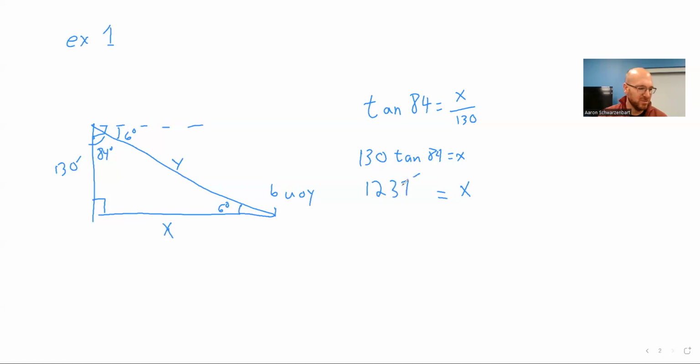I'm going to round to the nearest whole number, feet. Okay, and again, it asked me the distance from the base of the lighthouse to the buoy. It's important because that told me I was solving for X, not Y. Okay, making some indirect measurements.